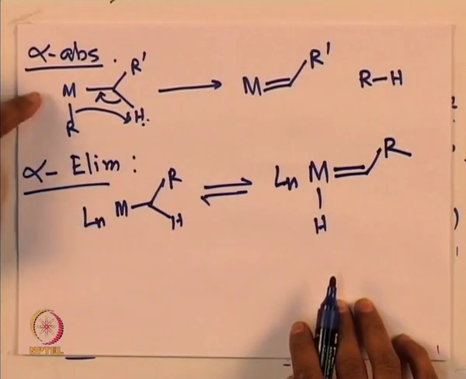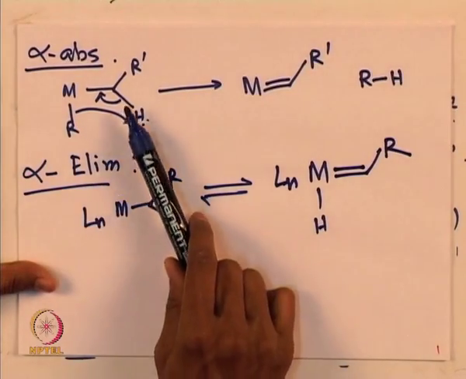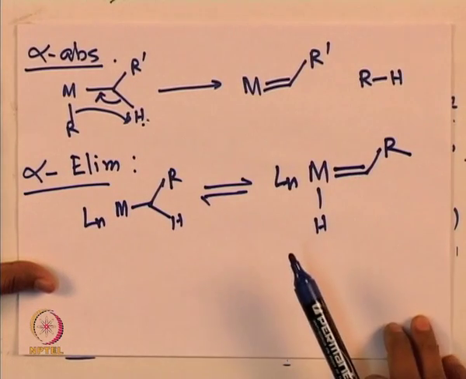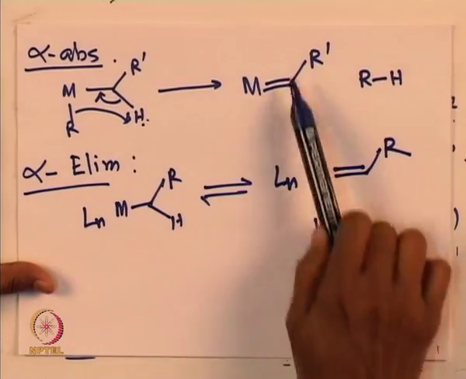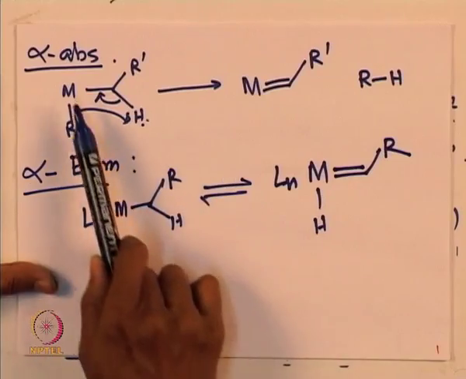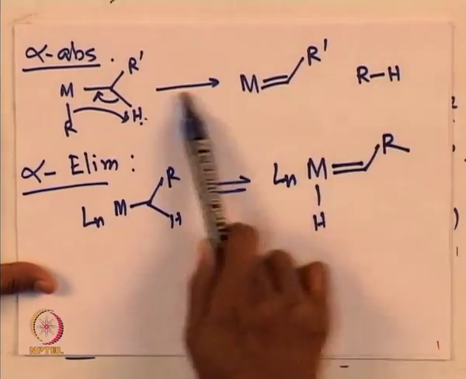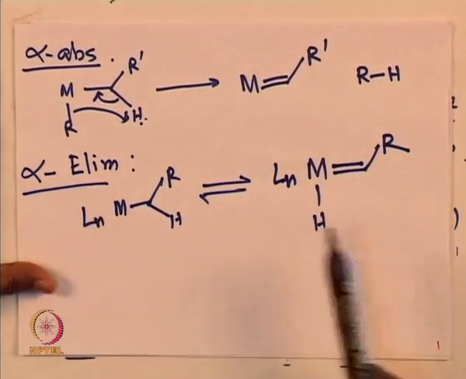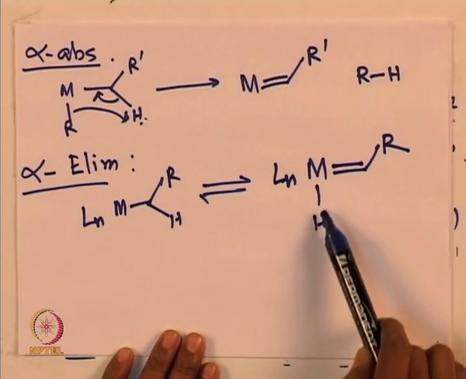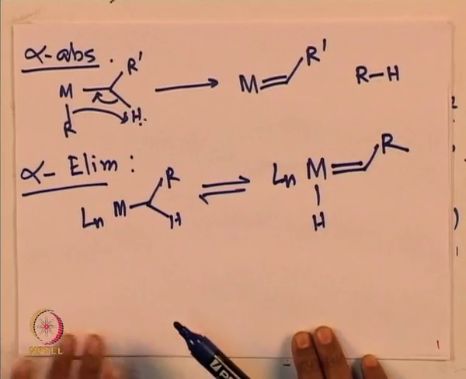So if you compare these two reactions, the first one versus the second one, of course product-wise it looks similar, right? Both of them form a carbene intermediate, but in this case there is no metal hydride bond formation, whereas in alpha elimination, as you have seen, there is metal hydride bond formation.